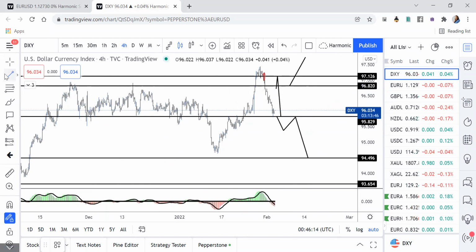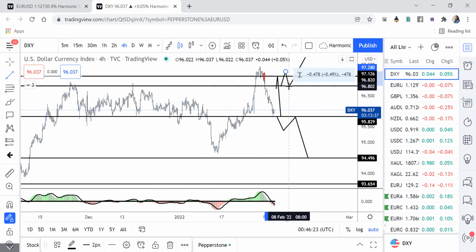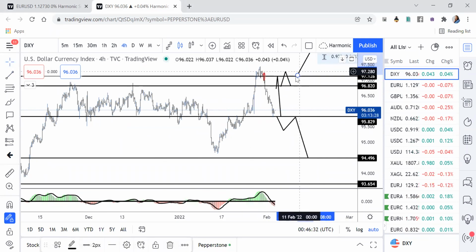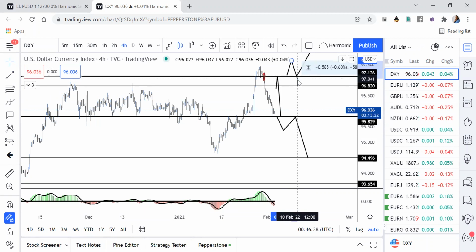So if I need a bigger move, I need a break, retest, and a continuation to the upside of the last high, or a break, retest, and a continuation of the last low.